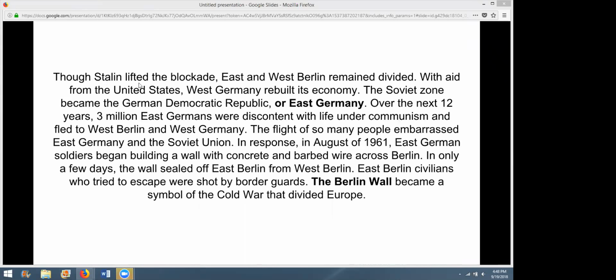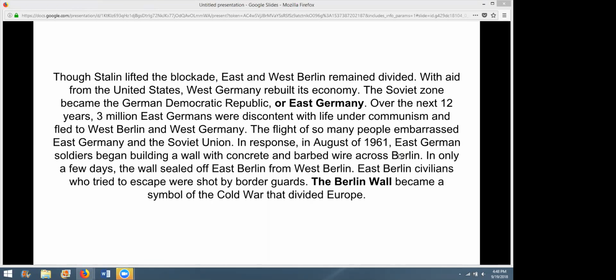Though Stalin lifted the blockade, East and West Berlin remained divided. With aid from the United States, West Germany rebuilt its economy. The Soviet zone became the German Democratic Republic, or East Germany. Over the next 12 years, 3 million East Germans were discontent with life under communism and fled to West Berlin and West Germany. The flight of so many people embarrassed East Germany and the Soviet Union.